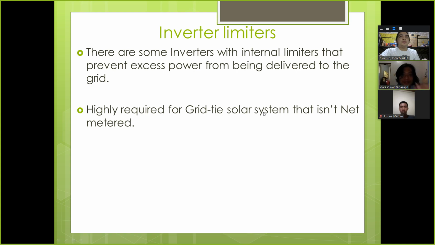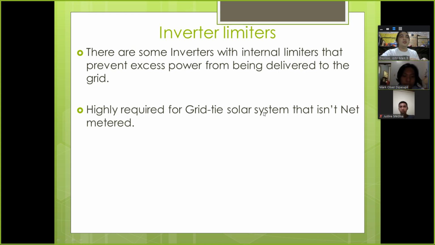Inverter limiters. There are some inverters with internal limiters that prevent excess power from being delivered to the grid. So, katulad ng sinabi ko, pag may excess power kang na-produce, tapos napunta sa grid yun, tapos hindi prepared yung submeter mo sa net metering, madadagdagan pa yung power bill mo. So, alam ng inverter kung gaano kalaki yung watts na ginagamit mo.